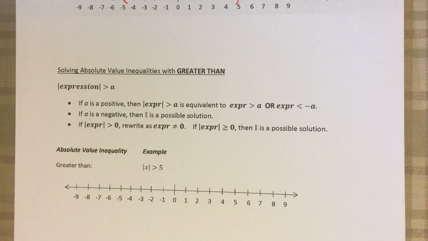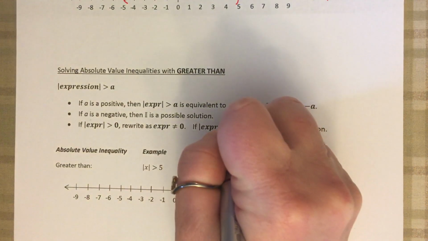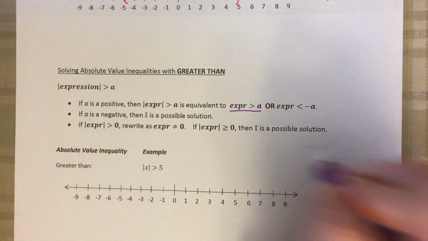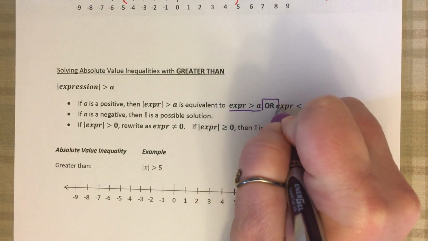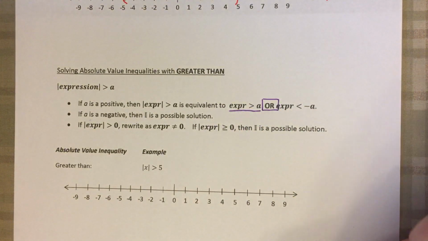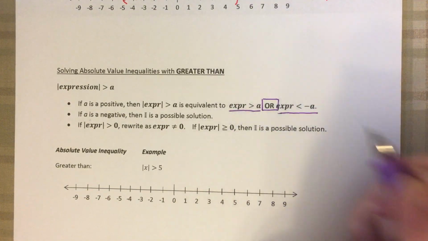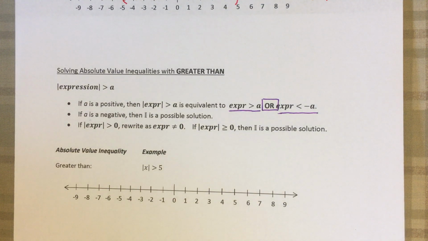The difference is, instead of thinking about an and problem, we're thinking about an or problem. So if we have a positive number, we start kind of the same way. We drop our absolute value symbols. But then instead of writing the word and, we're going to put the word or in there. And then for our other statement, we're going to do the same thing that we did in the last one. We're going to flip our inequality symbol and change our sign.